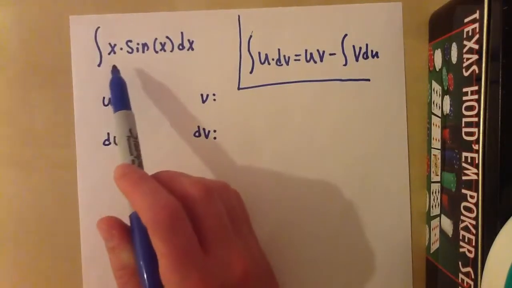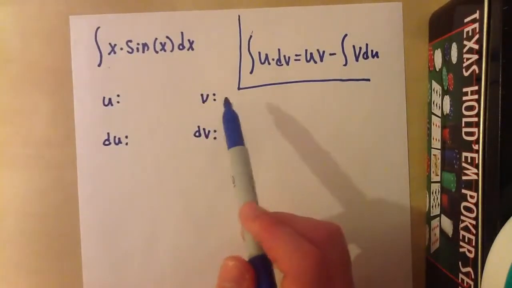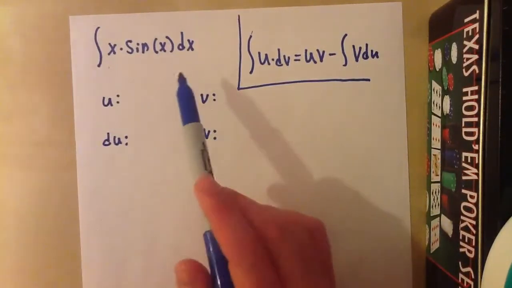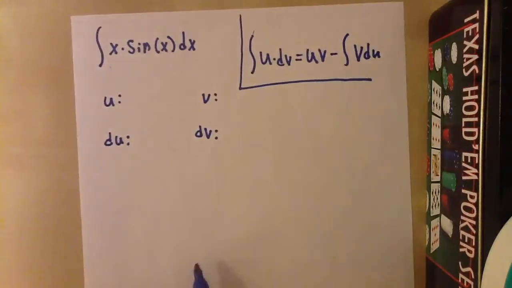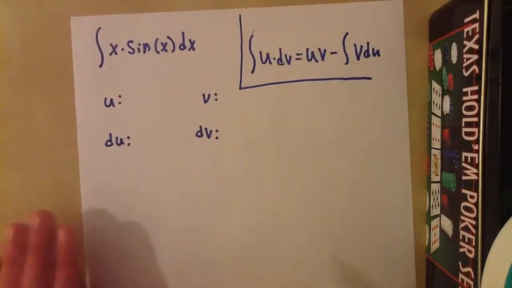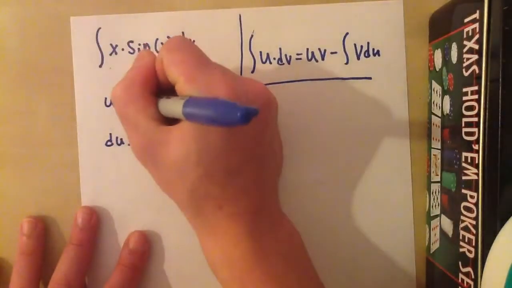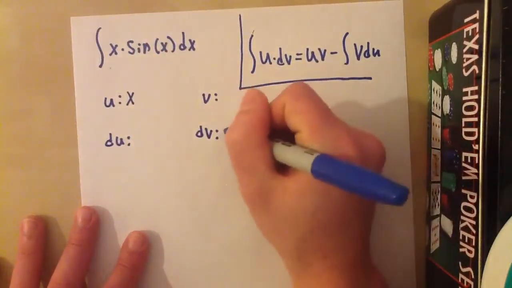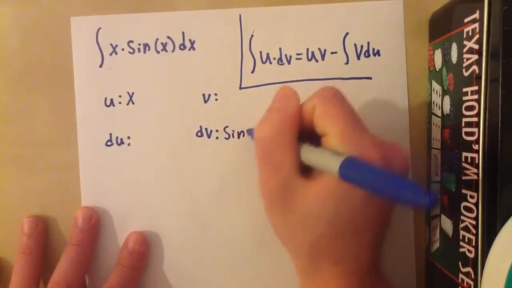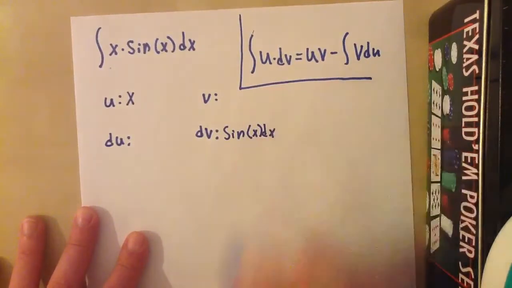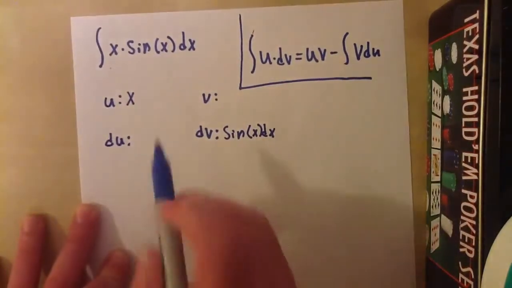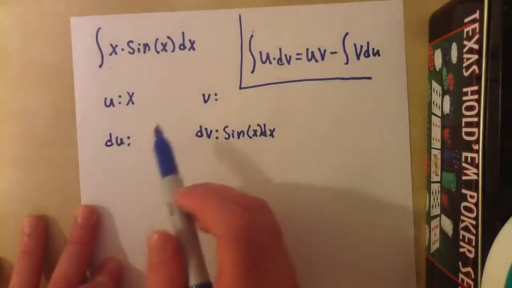Well, if you anti-differentiate x, you're going to get a 1/2 x squared, which is not as nice as the antiderivative of sine x, which is simply negative cosine x. So we're going to go ahead and put the x as our u and the sine x dx as our dv.